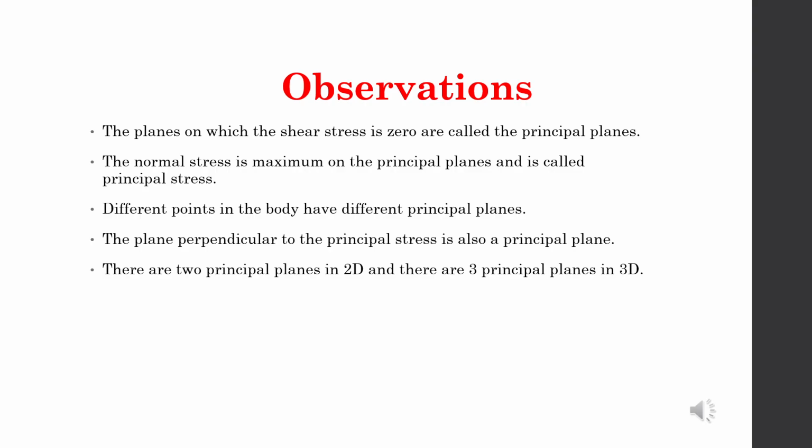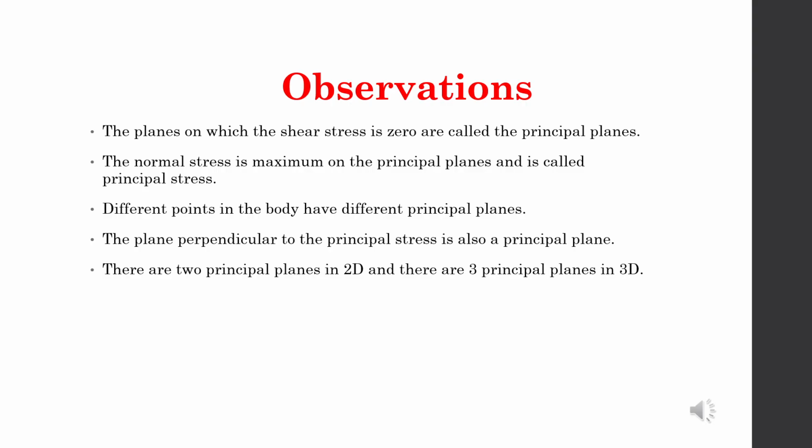So different points in the body have different principal planes. As you could see, points A and B did not have the same principal plane. For point A it was the vertical plane. For point B it was a plane inclined at 45 degrees to the vertical. So the principal plane varies from point to point.